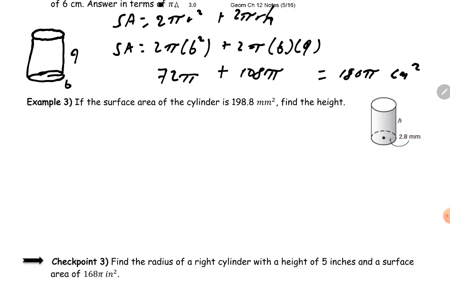Example 3. If the surface area of the cylinder is 198.8, find the height. Okay, so remember, surface area for a cylinder is 2 pi r squared plus 2 pi rh.